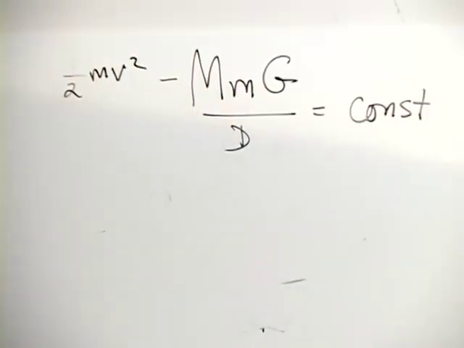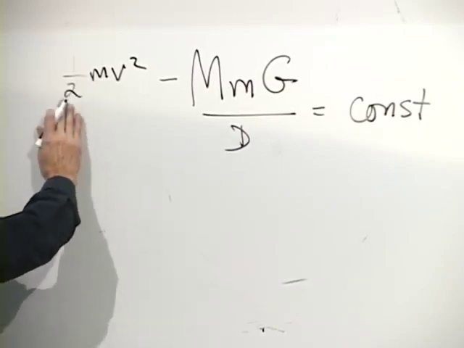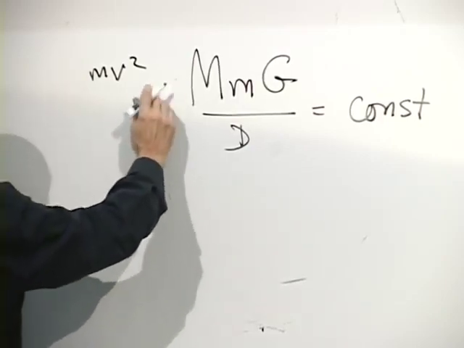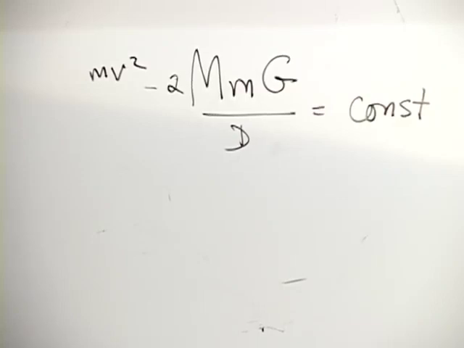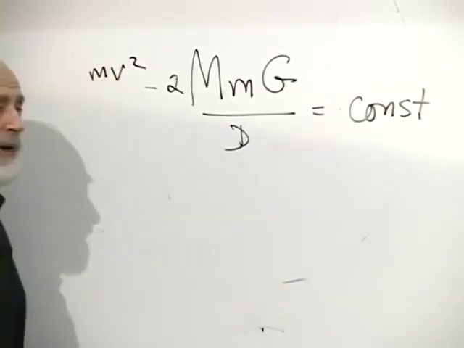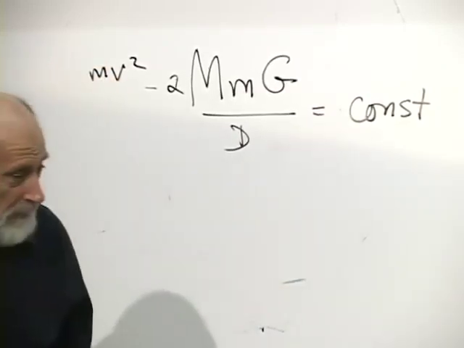All right, just to save some steps, let's multiply this equation by 2. And it just becomes m v squared minus 2 M m G over d is equal to twice a constant, but twice a constant is just another constant.